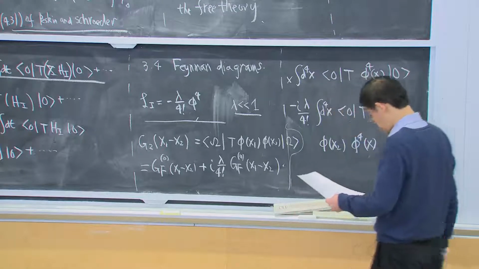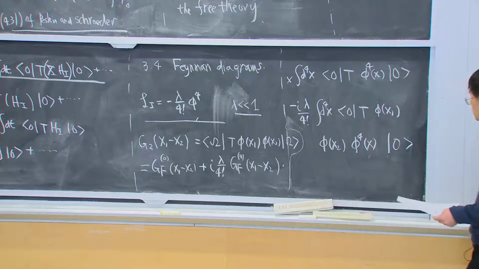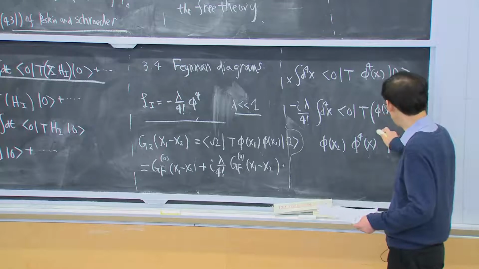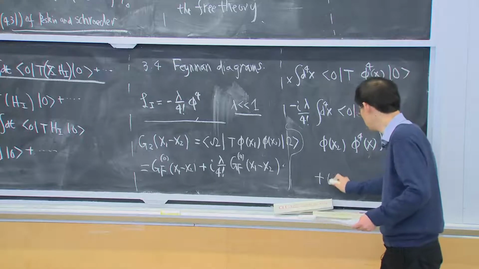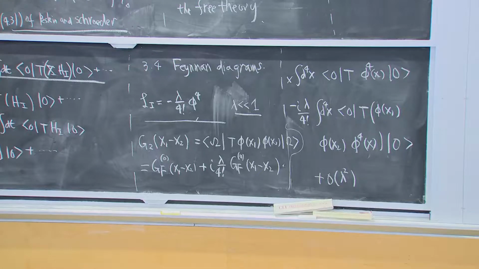And this is all time ordered, and then the rest is all of order lambda squared.